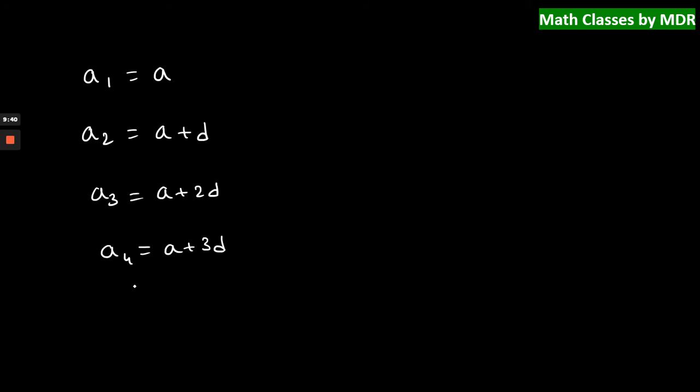Then what is my nth term of the sequence? To see that, let us see if there is any logic in these terms A1, A2, A3, A4.